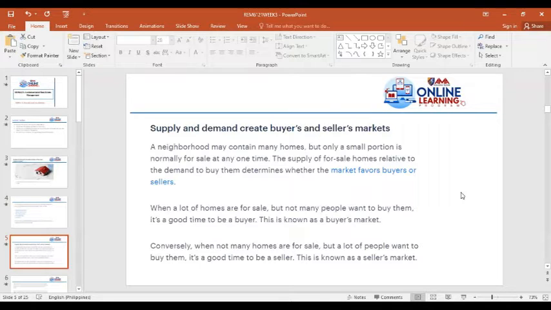First is supply and demand, which creates buyers' and sellers' markets. A neighborhood may contain many homes, but only a small portion is normally for sale at one time. So the supply of homes for sale relative to the demand to buy them determines whether the market favors buyers or sellers.